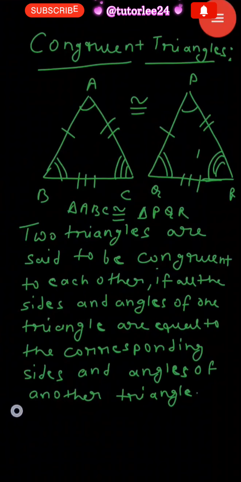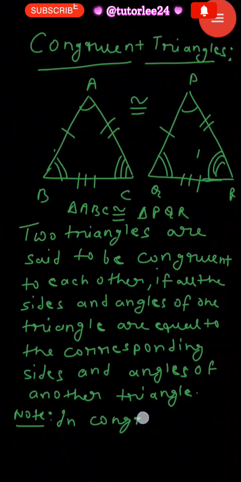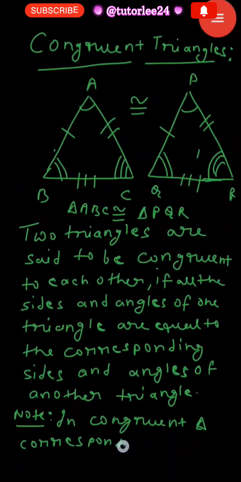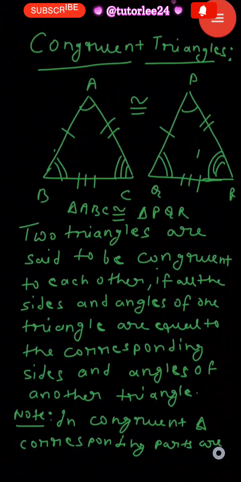So note here one point: in congruent triangles we represent the triangle by this symbol. In congruent triangles, corresponding parts are equal.